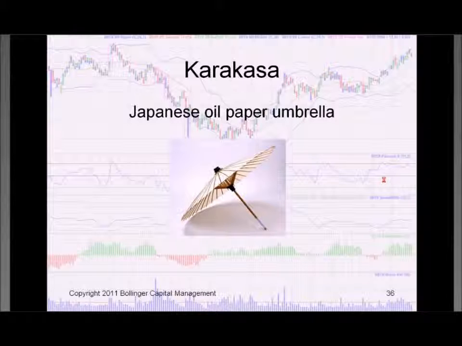And whenever it rains, or even on sunny days, you will see these umbrellas all over Japan. The women especially like to walk out when it's sunny, using these parasols or karakasas as sunshades. So you see these very, very commonly in Japan.